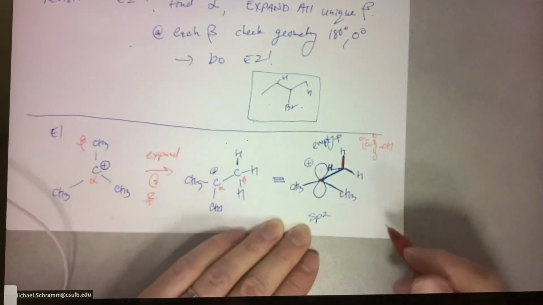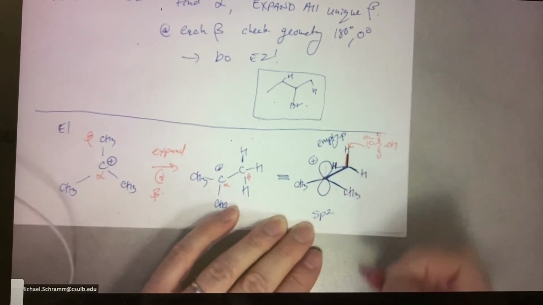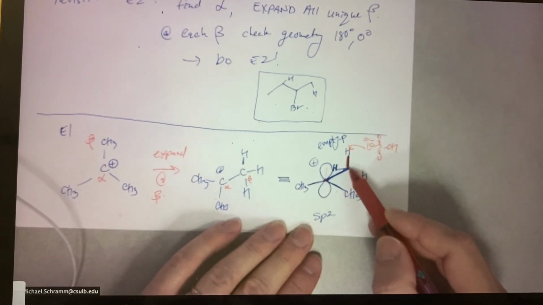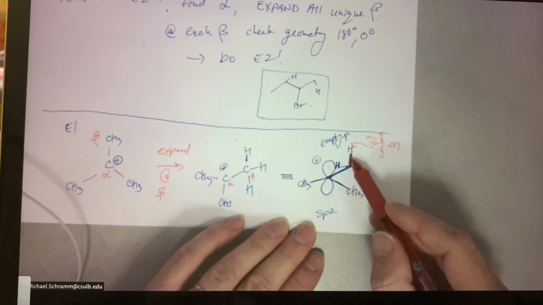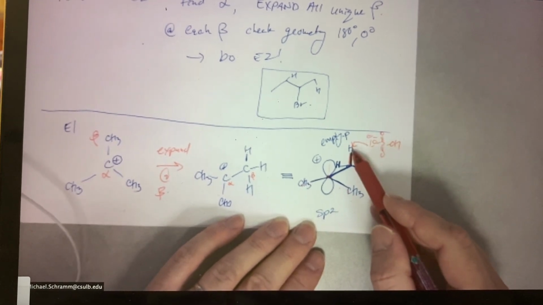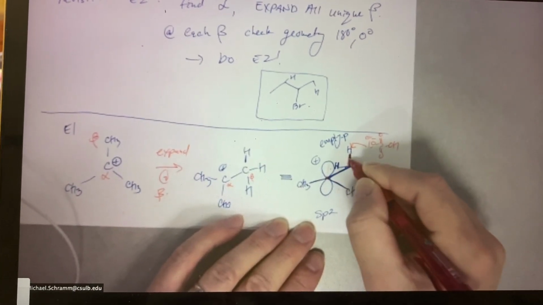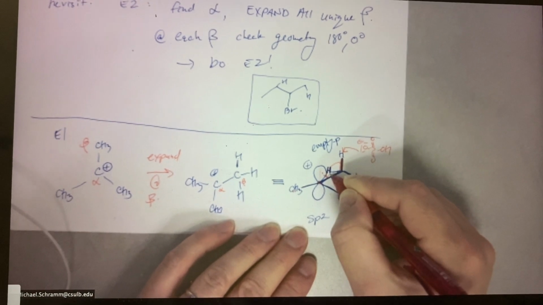Drawing it really small, it's not really the most important thing. But what happens for this reaction to work is this proton's acidic. It's acidic because these electrons in this bond are being pulled by induction to this carbocation. And as we pull off this with a weak base, any base works, these electrons literally fall into this p orbital.